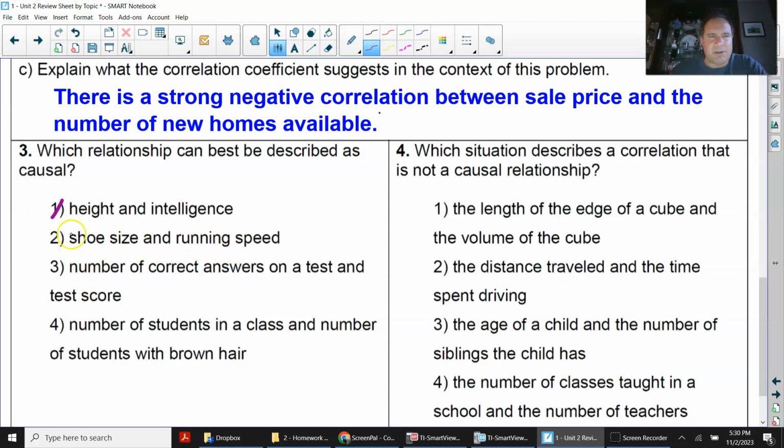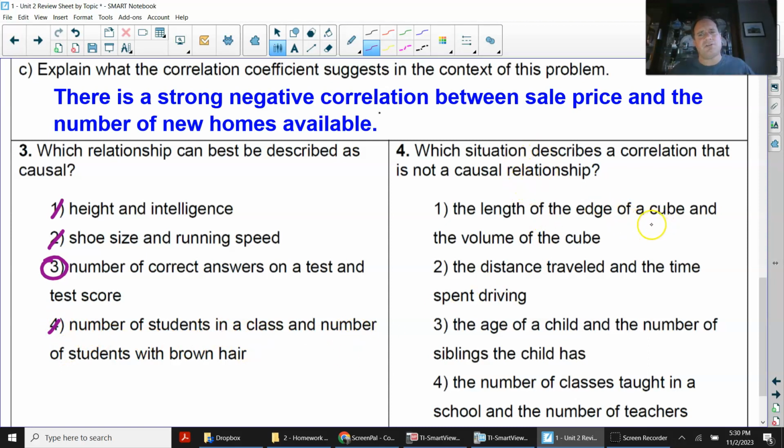Shoe size and running speed, no, that is not a causal relationship. Number of correct answers on a test and test score, yes. That is the cause. When you get more answers correct, the test score will go up. And that's the cause. The number of students in the class and number of students with brown hair, no.